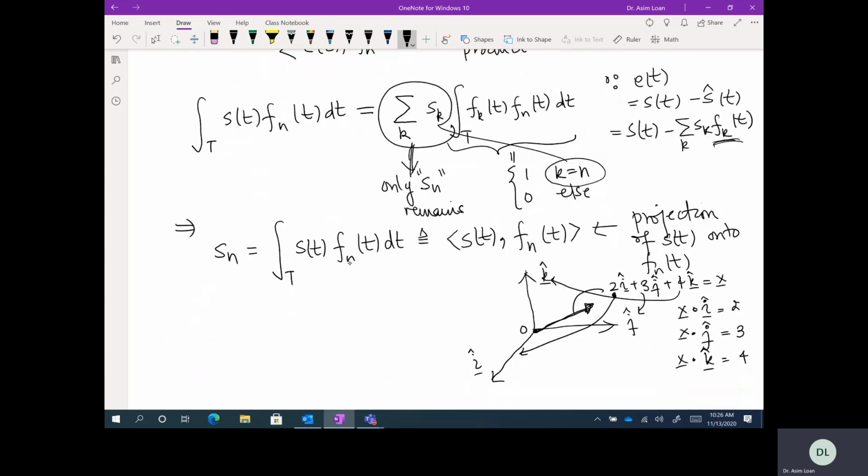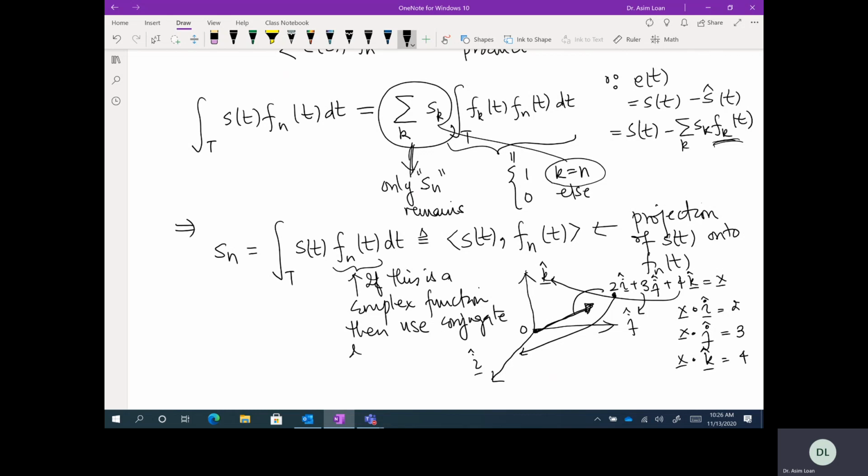And if this f of n is an exponential, then this is the definition of actually a of n, right? If this f of n is a complex function, then use conjugate.